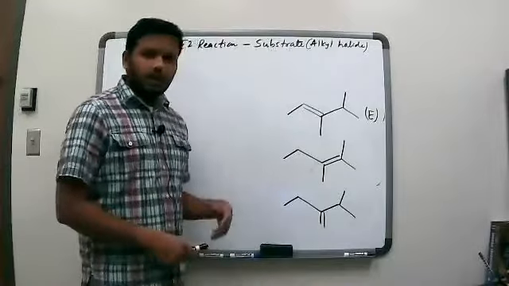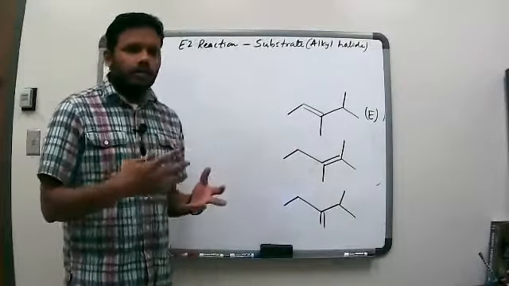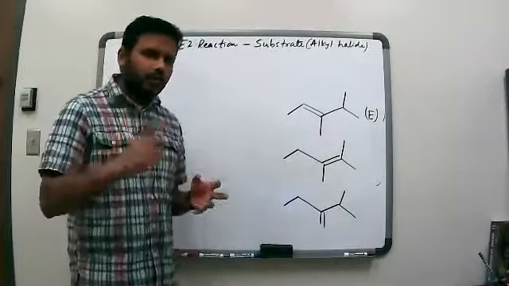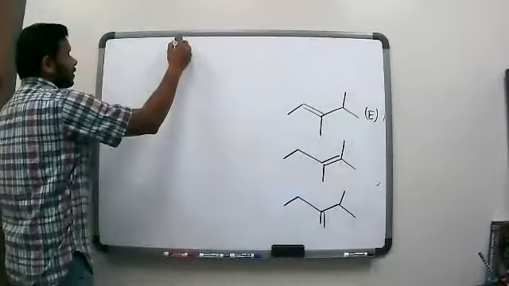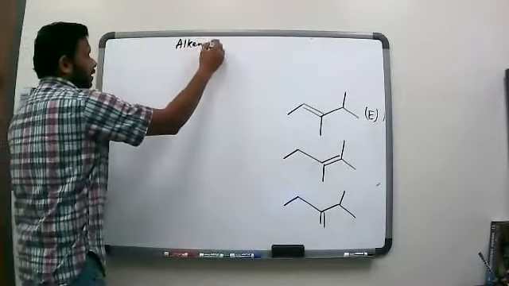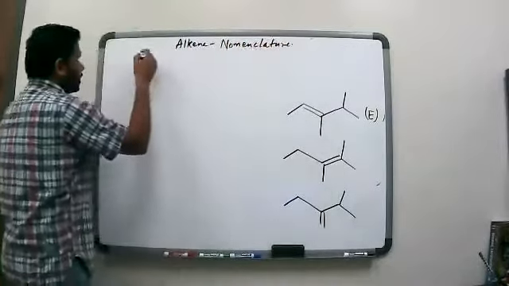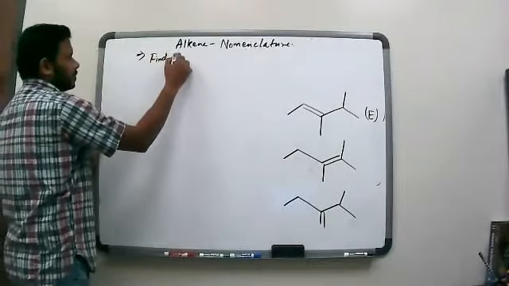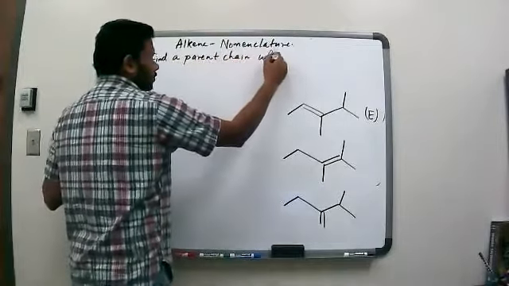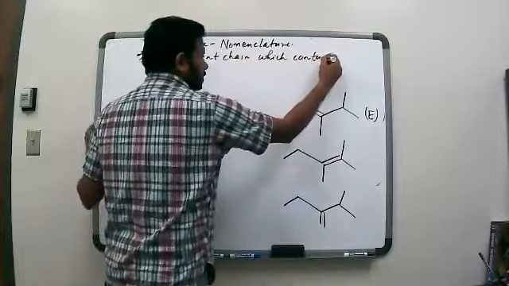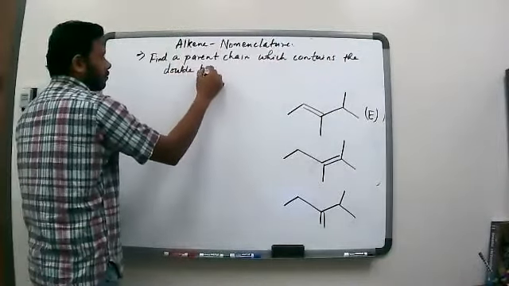Now, as far as the nomenclature is concerned, like I said, it is very similar to alkanes. You're doing pretty much the same thing. You're looking for the longest carbon chain. The only difference here with alkene nomenclature is that you find a parent chain which contains the double bond.